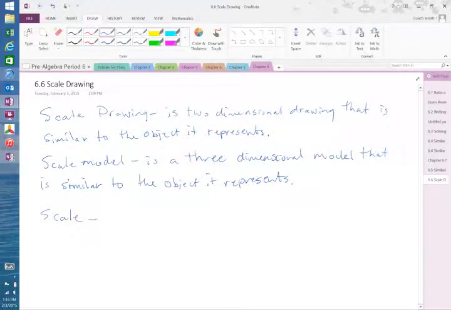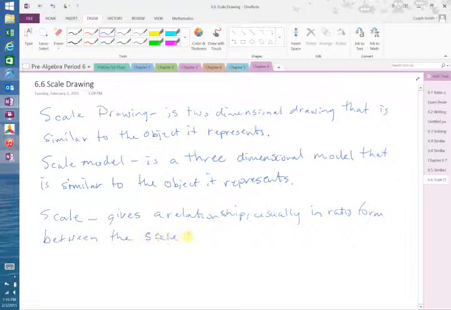Okay, a scale gives a relationship, usually in ratio form, between the scale model or drawing and the object it is similar to.